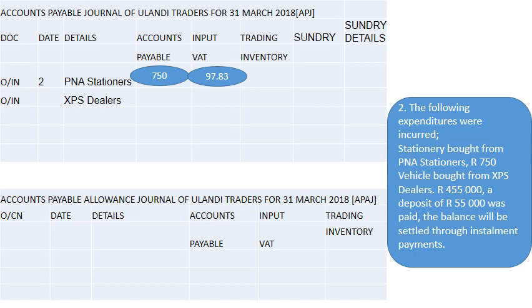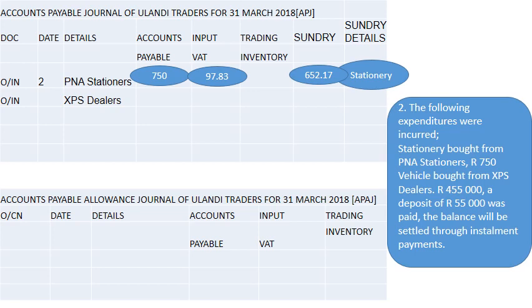Deduct VAT from the inclusive amount and arrive at the exclusive amount of 652 rand 17 cents. And because it's under the sundries, we will then reflect the details as stationery.